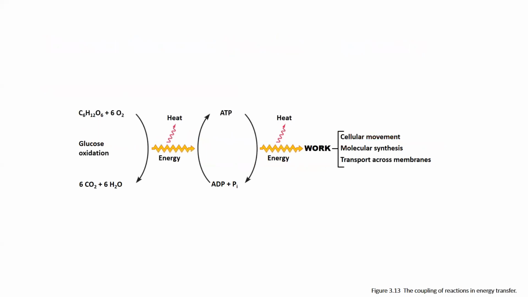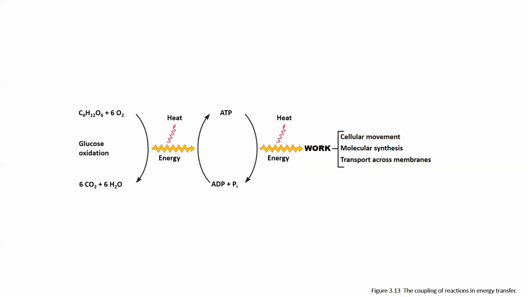All right, but some of it is used to make ATP, right? Again, to phosphorylate that ADP and make ATP, and that energy that's harnessed in ATP is then again broken to do some type of cellular work, okay? Once again, we're not harnessing all of the energy that's released. Most of it is being released as heat.